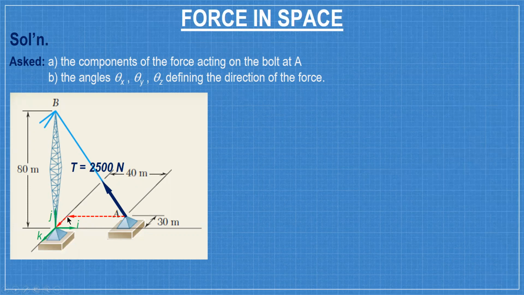And you know that it's positive K. K dire man positive K. 30 siya. And then, from the bottom, you go up to point B. Upward man na. So that's positive J. Sa atong diagram dire, makita na to na ang J is upward. So positive na siya. So ang components mo is mani ang X, Y, and Z.